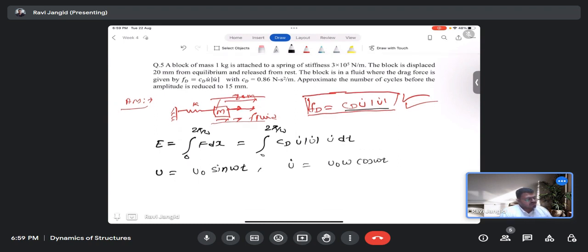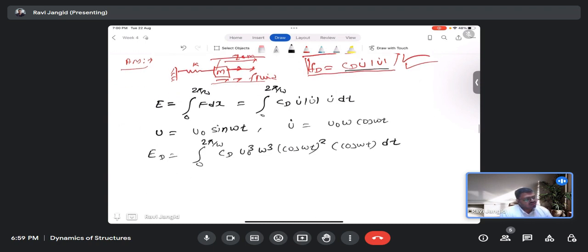So the energy dissipation from 0 to 2 pi by omega is Cd into, putting u dot there, u naught cube omega cube cos square omega t into cos omega t dt. So we need to solve this.